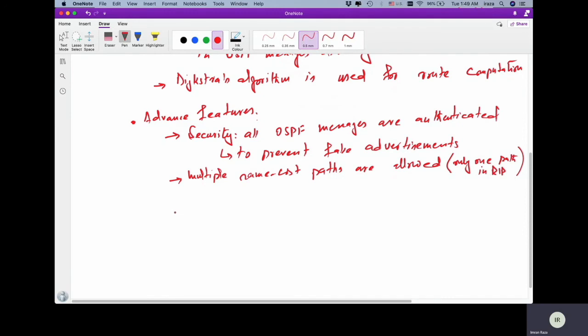Number 3, it allows multiple cost matrices for different types of service for each link.